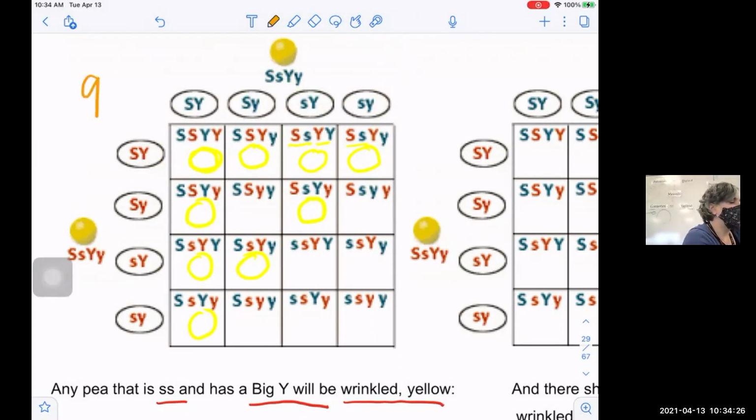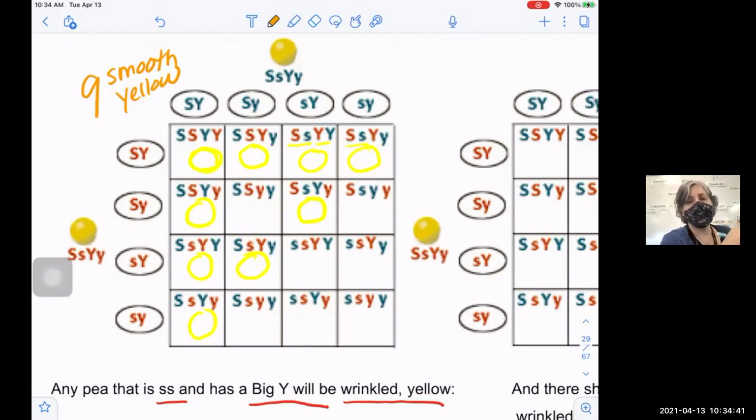So there are 9 smooth yellow peas that are dominant for both traits. They're dominant smooth and they're dominant yellow.